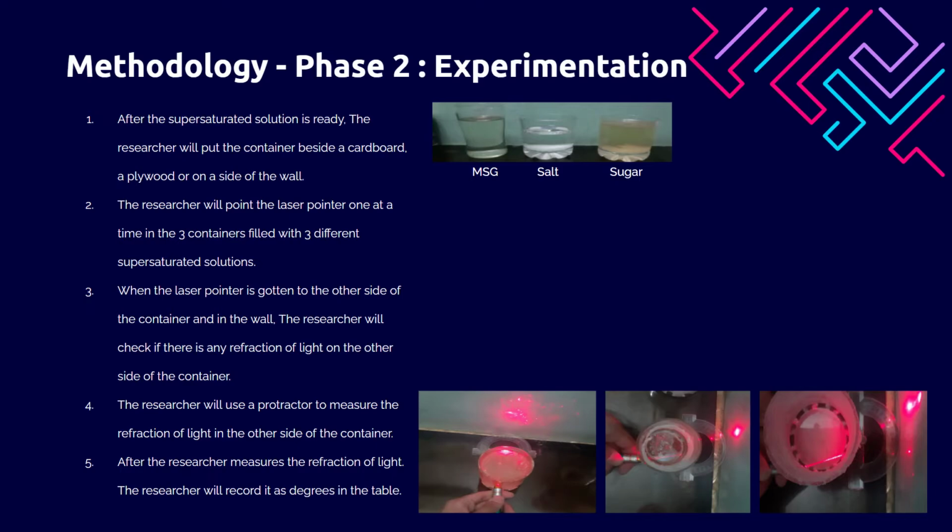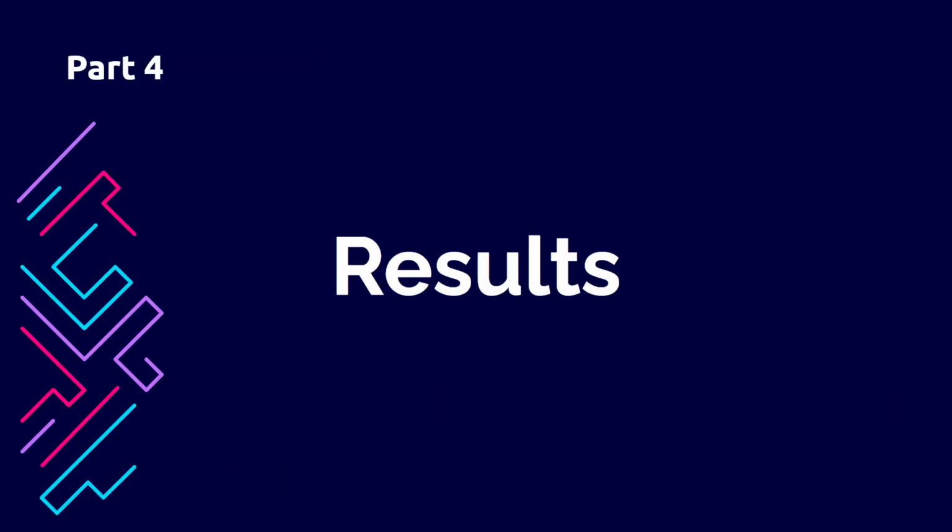When the laser pointer gets to the other side of the container and onto the wall, the researcher will check if there's any refraction of light on the other side of the container. The researcher will use a protractor to measure the refraction of light, and will record it in degrees in the table.